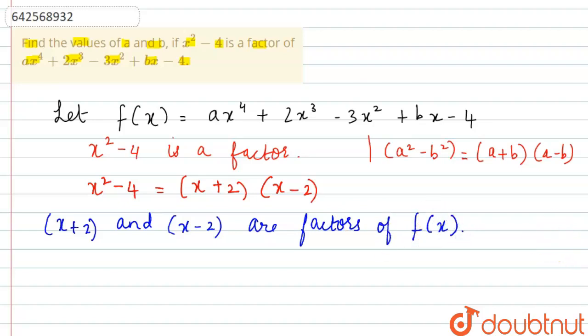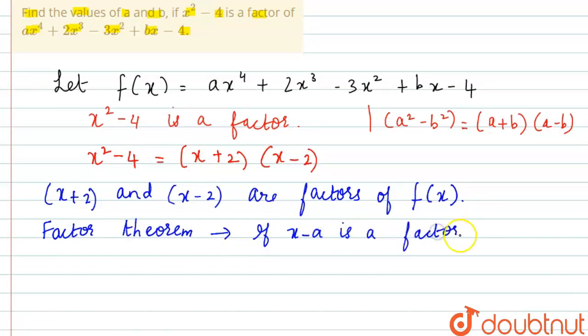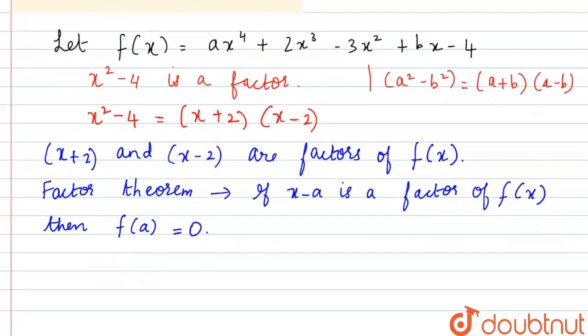So now we'll see the factor theorem, according to which if x minus a is a factor of f of x, then f of a will be equal to 0. So we'll use this.